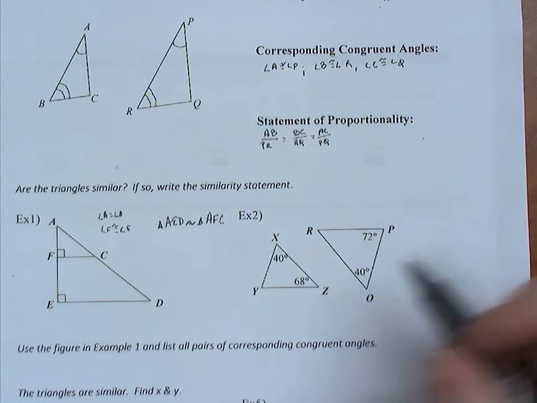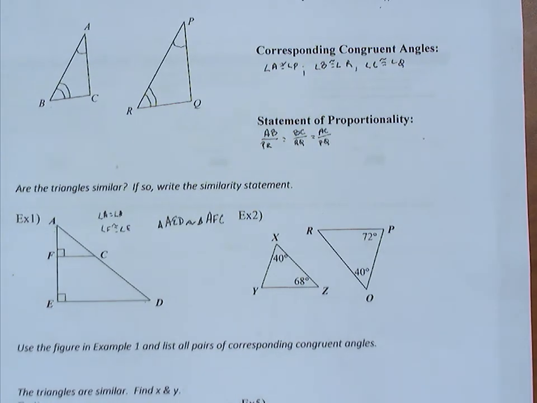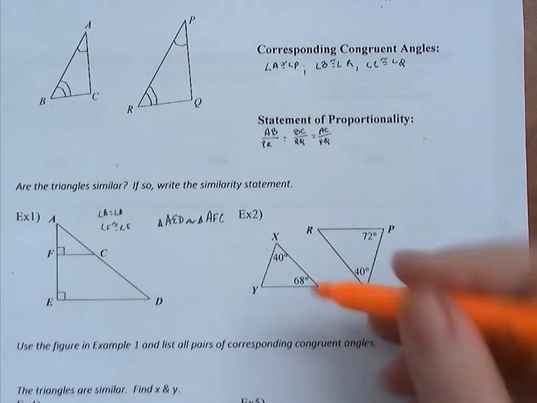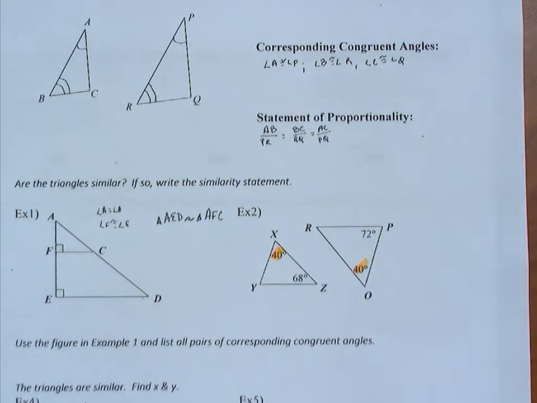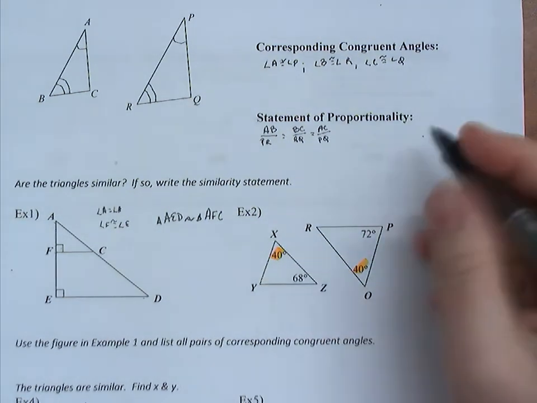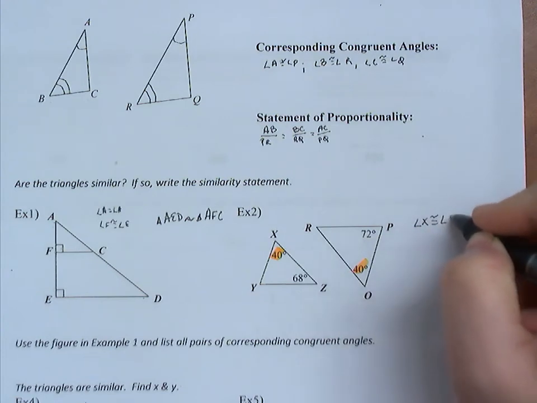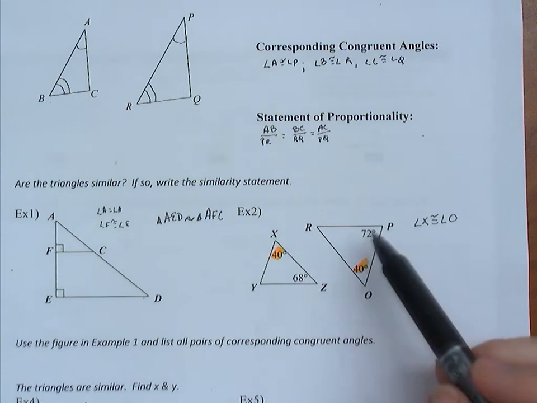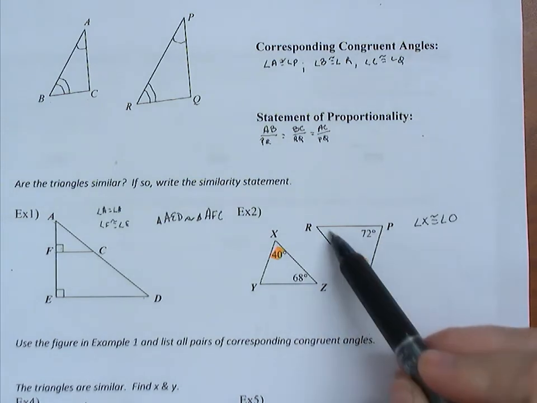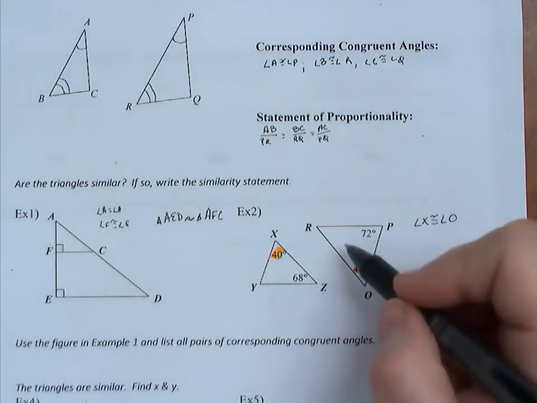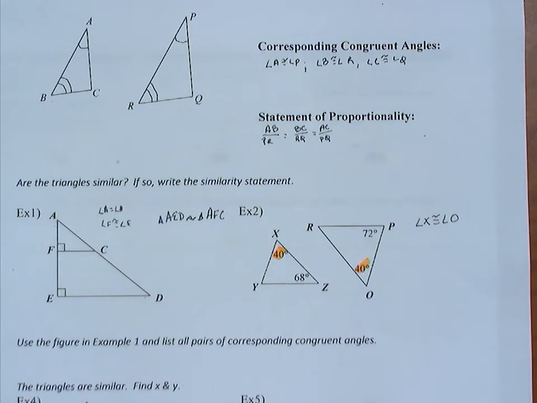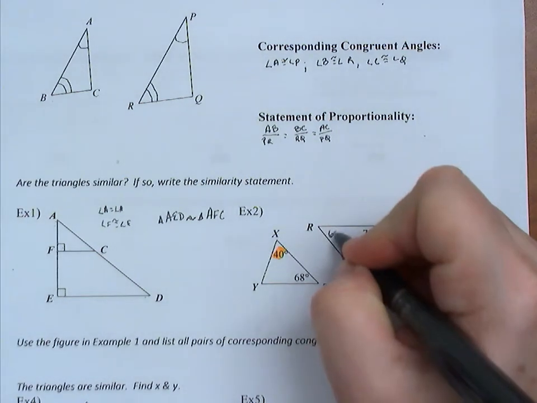Okay? In the next figure I'm looking at, I'm going to note that these are both 40, so angle X is congruent to angle O. And then I note that I have two different values here, so I need to find that third value. So 180 minus 40 minus 72 is 68.